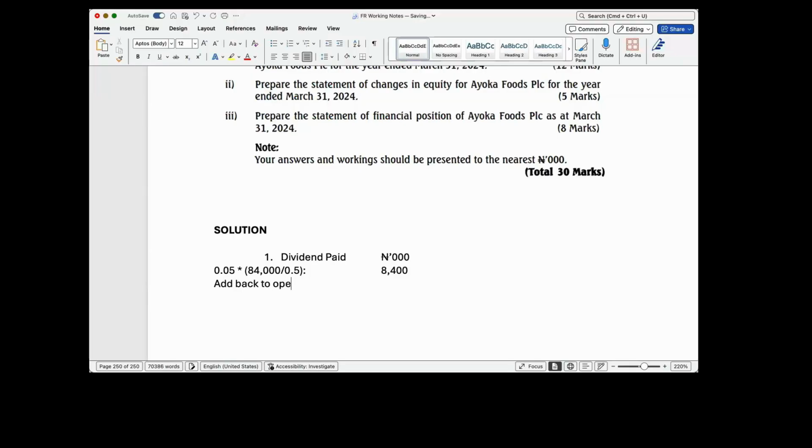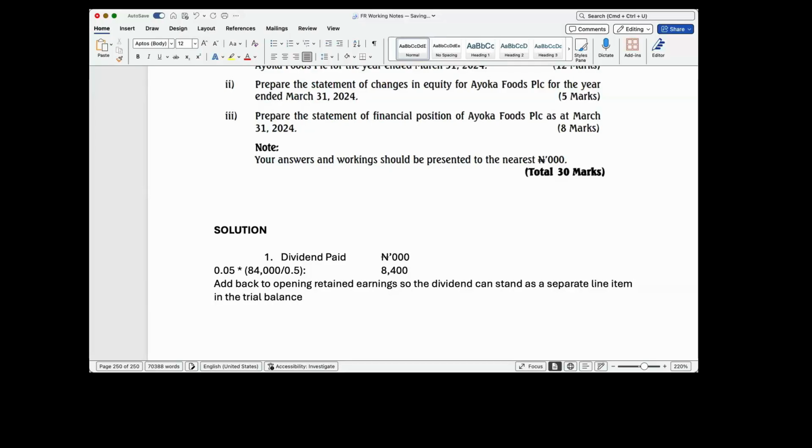So I'm going to add back to my opening retained earnings so that it stands separate. Add back to retained earnings. So the dividend can stand as a separate line item in the trial balance.